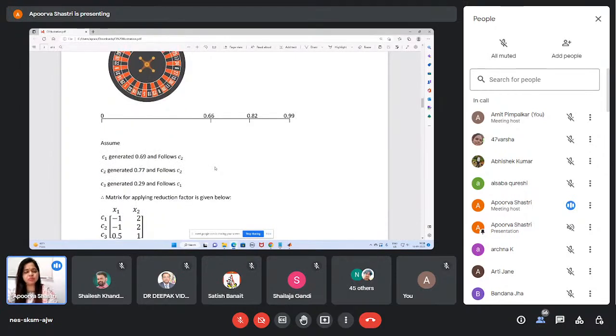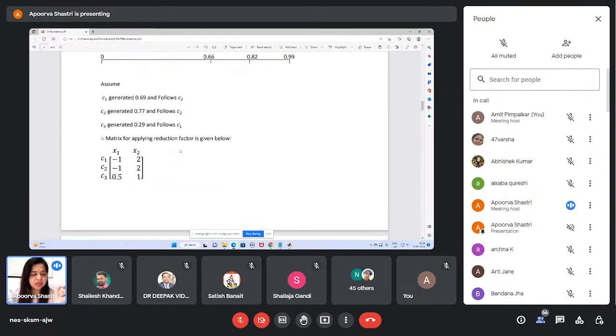Then we assumed that random numbers were generated for every candidate, and depending on the region where each random number falls, we presented a follow mechanism. So C1 follows C2, C2 follows C2 itself, and C3 follows C1. From that we adopted the qualities of the candidates.